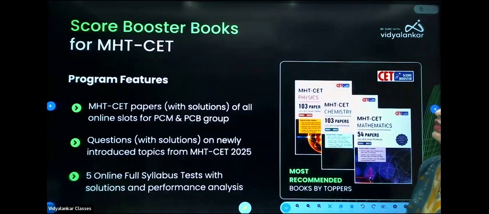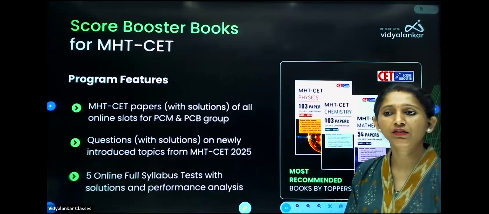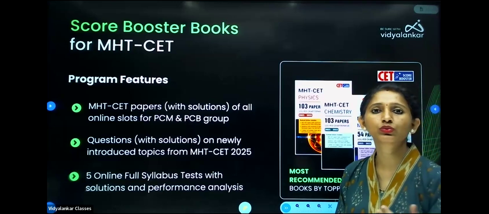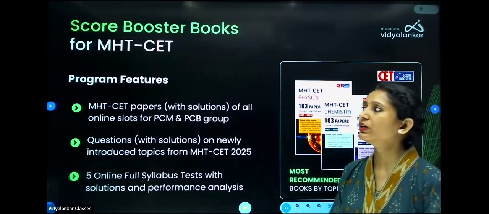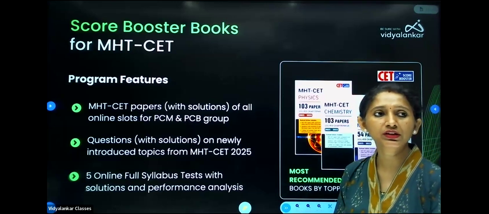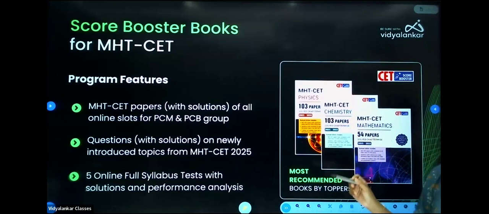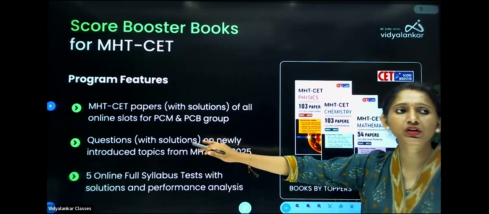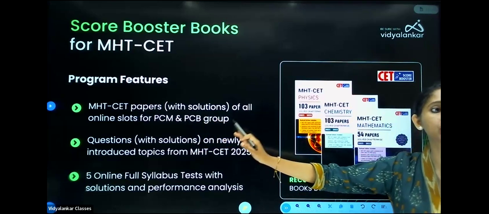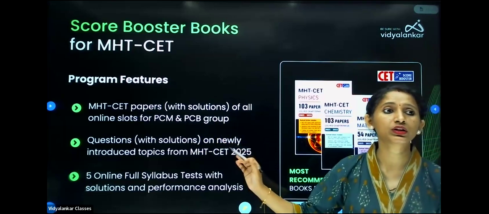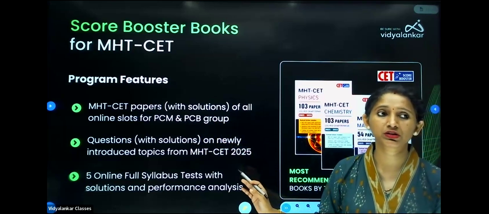Now, these score booster books for MHT CET will definitely help you to score better in your competitive examination, that is MHT CET. Books are given for physics, chemistry and mathematics. The features of these books are that they contain MHT CET papers with solutions of all online slots for PCM and PCB groups.